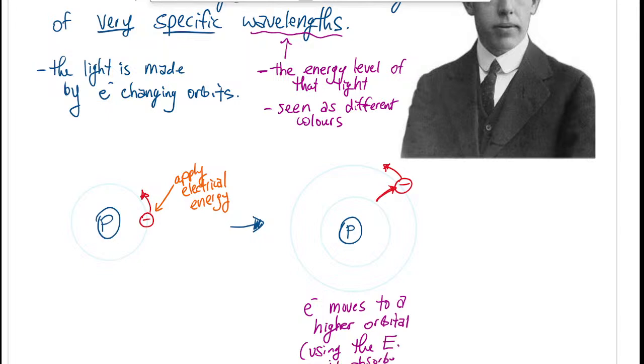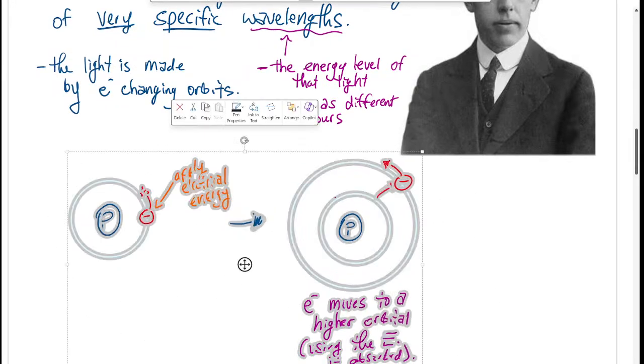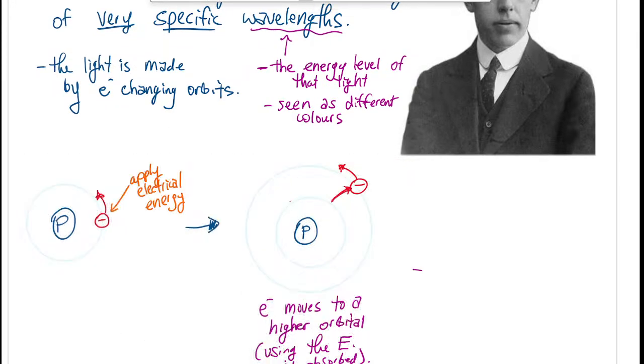But it won't stay in that orbital. There is an attraction from the nucleus, and this orbital underneath is empty. And so what's going to happen is that it's going to fall back down, or go back to what we call its ground state. It will go back to the orbital that it normally resides in.